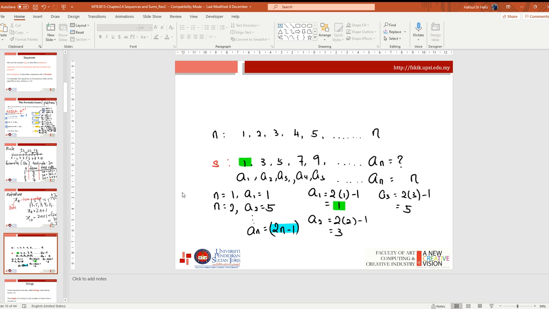This one is another example, where we have terms and the term number.